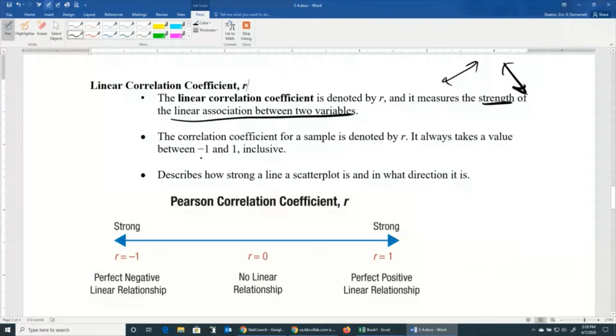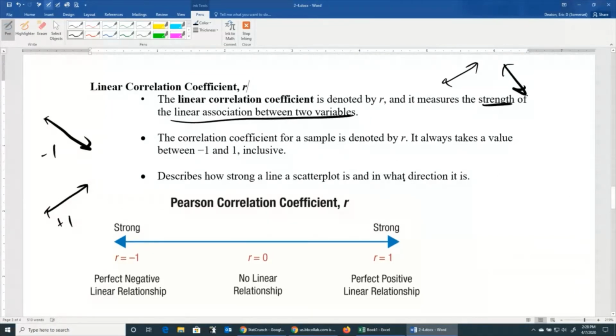The values are all between -1 and 1. If it's -1, that means the line has a negative slope, so it's going down. If the line's going up, always reading left to right, it's a positive slope. The signs tell you the direction: negative is down and positive is up.